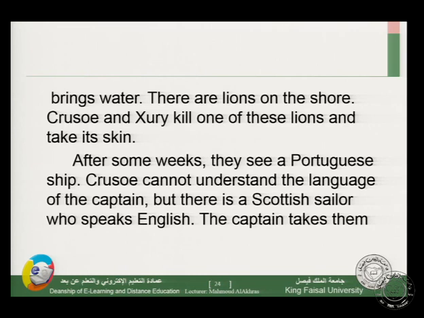There are lions on the shore. Crusoe and Kosori kill one of these lions and take its skin. So again, we have Kosori and the experience of bringing some water to the boat, and their adventure with the lions, and they skinned one of these lions.